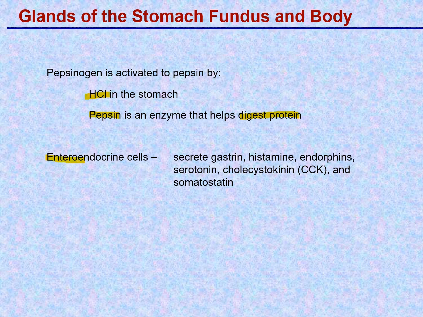The enteroendocrine cells that I've mentioned are able to produce different kinds of hormones, and these get secreted into the bloodstream.